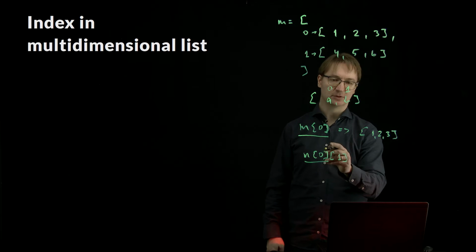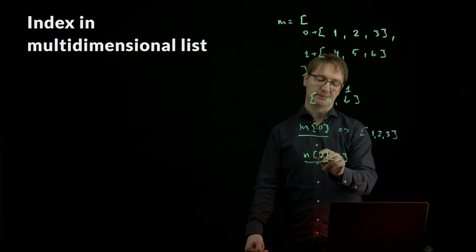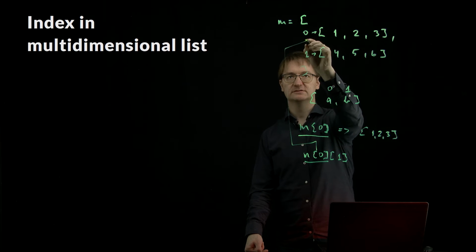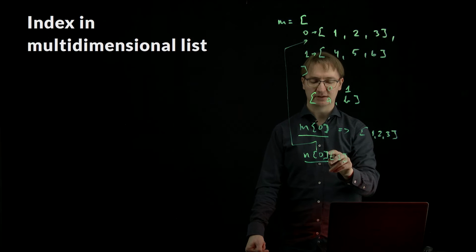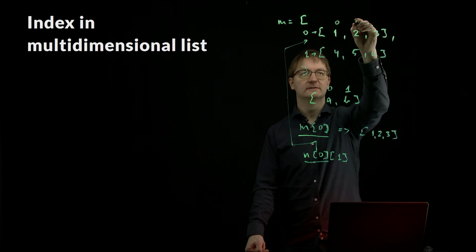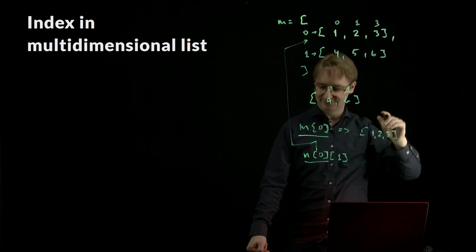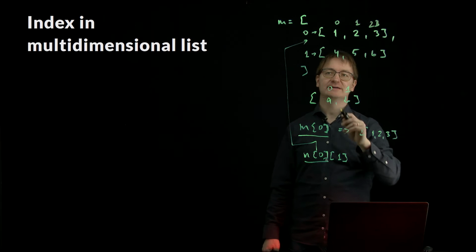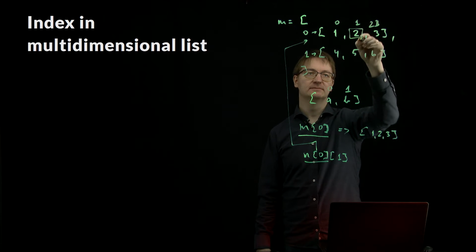And how it works: first we take the element at position 0, so this is this list. And from that list, I also take the element at position 1. So those are the indices here, not 3, it's 2. Let's say it's 2. And the element at 1 is basically this element here.